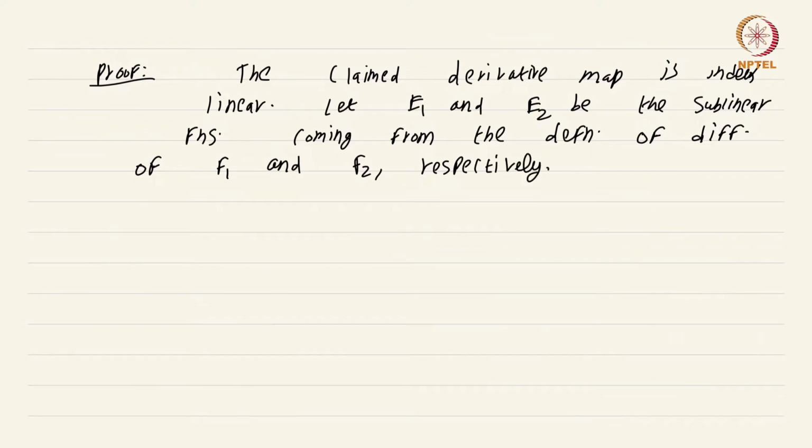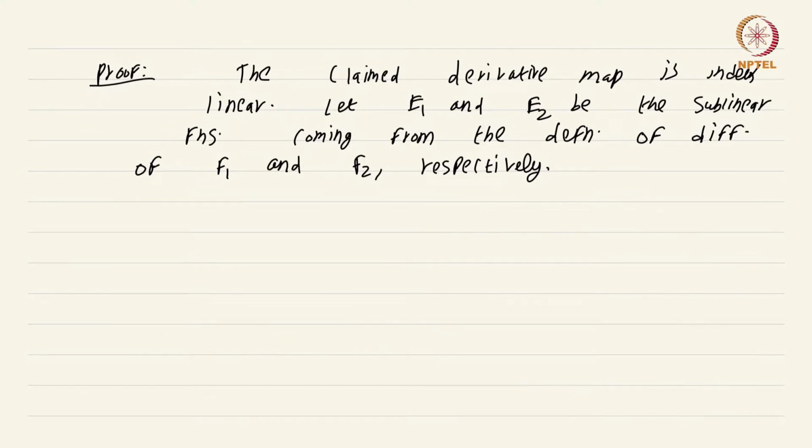So f1 and f2 are differentiable, so you have, I'm getting a bit bored of writing the same thing over and over again, f1x plus h is equal to f1x plus df1x h plus e1h, so on and so forth. Okay, now we'll have to do a straightforward but somewhat long computation. Each step is going to be utterly simple and modeled on the high school proof for the product rule.